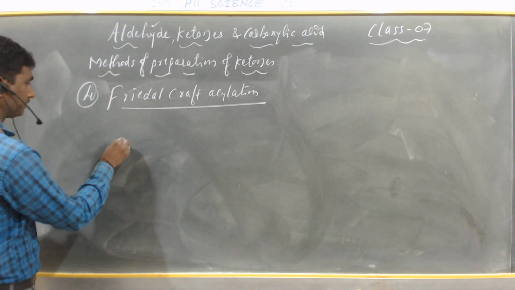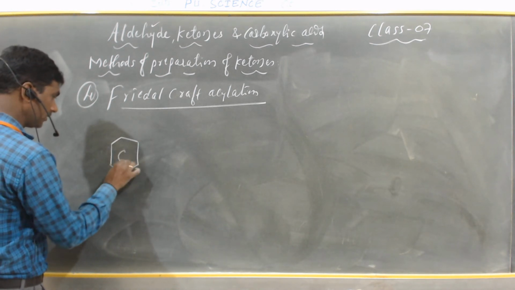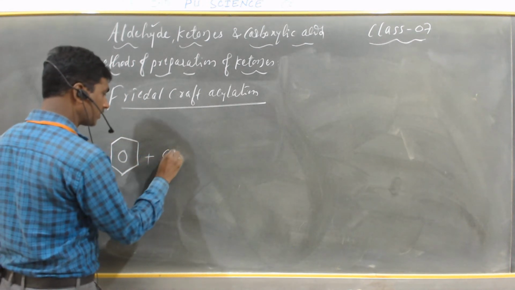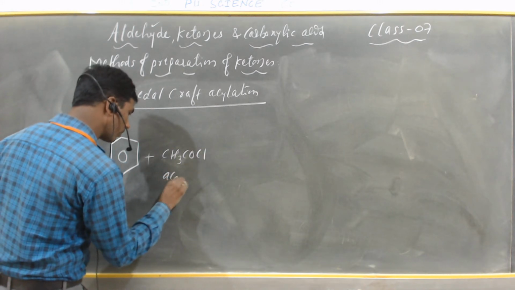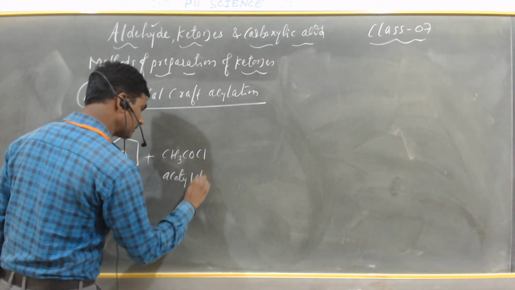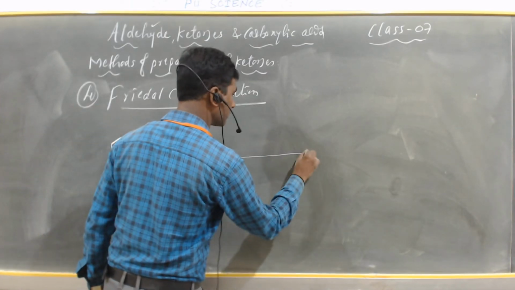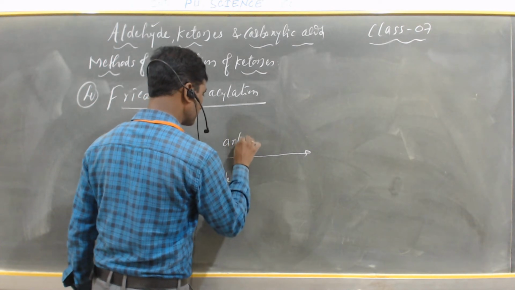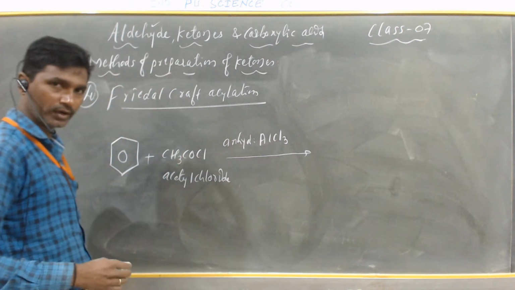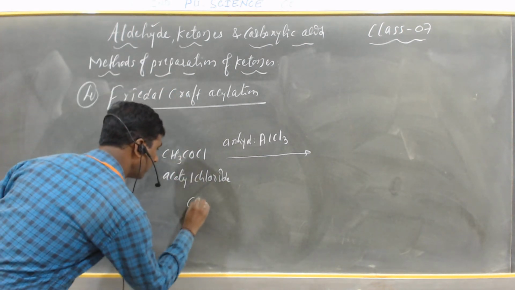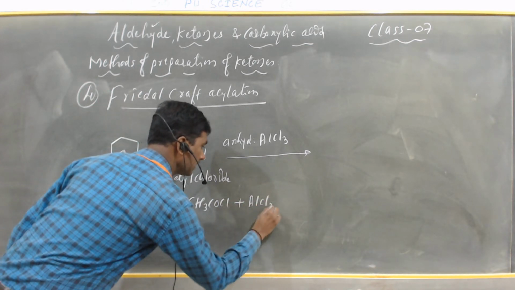Yes, I can write. This is benzene. Benzene reacts with acid chloride, CH3COCl. It is called acetyl chloride. This acetyl chloride reacts with anhydrous aluminium chloride.